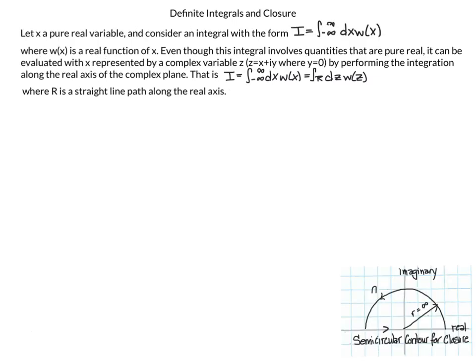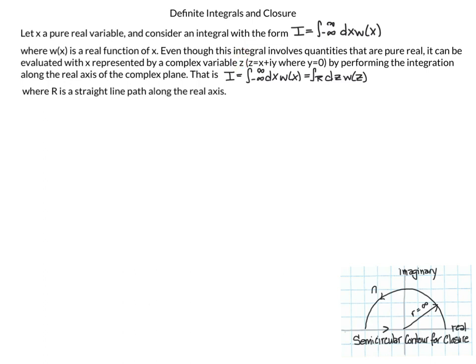We are going to start with x being a pure real variable, no imaginary portion, and we're going to consider an integral with respect to x of a function w(x), w also a real-valued function, so to the real variable x it assigns a real value, and the integral is from negative infinity to infinity. Even though this integral involves quantities that are real, it can be evaluated with x represented by a complex variable z.